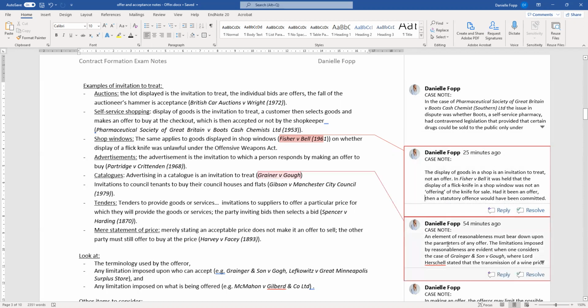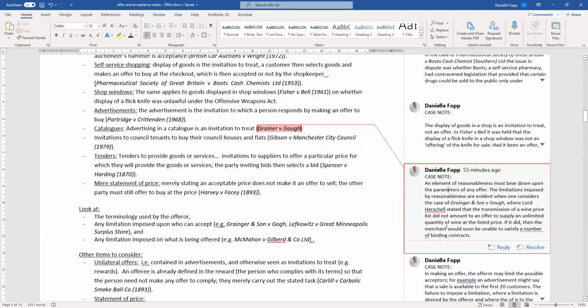The next one, for example, that we have is Grainger, and that is noting regarding catalogues that an element of reasonableness must bear down upon the parameters of any offer. The limitations imposed by reasonableness are evident when one considers the case of Grainger, where Lord Herschell stated that the transmission of a wine price list did not amount to an offer to supply an unlimited quantity of wine at the listed price.